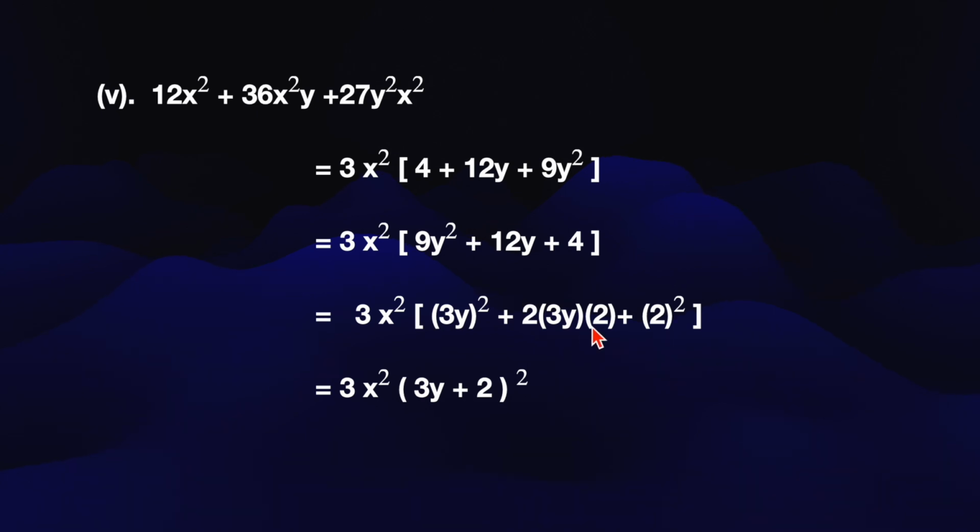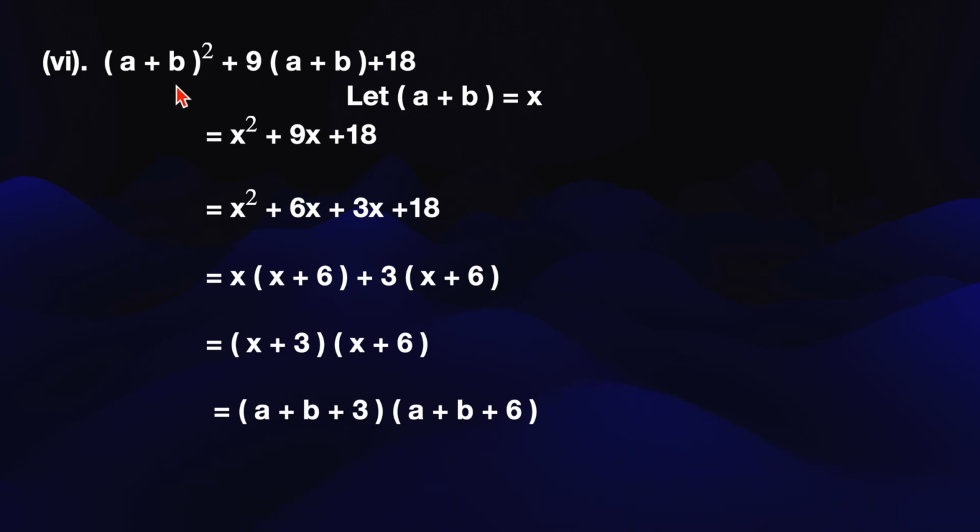So I can easily use the identity to factorize this. Since this is a perfect square, the answer will be 3x square into 3y plus 2 into whole square. So either way you will get the answer. Even if you split the middle term and solve it, you will get this answer.